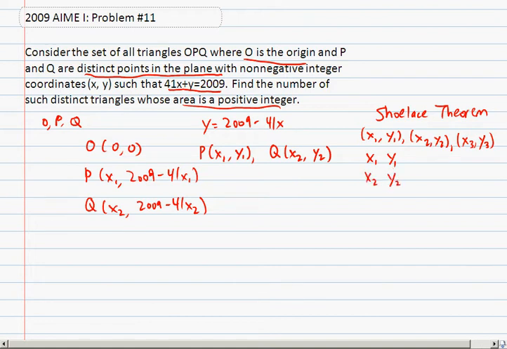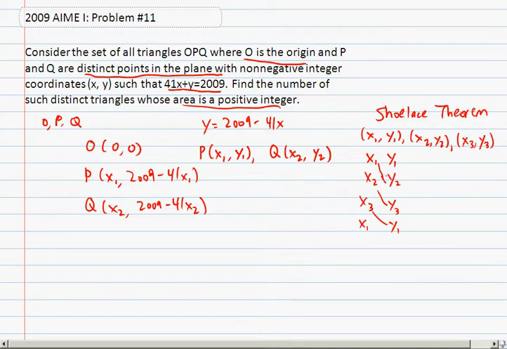So we have x1 and y1, x2 and y2, x3 and y3. And next we want to write x1, y1 again at the bottom. Now we draw diagonals from each of the points on the left-hand side to the point diagonally below it on the right-hand side. So we connect x1 to y2, x2 to y3, and x3 to y1.